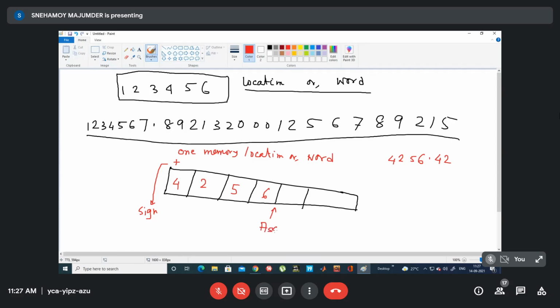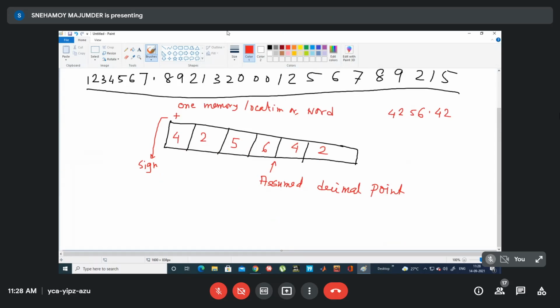This is an assumed decimal point, and then 4, 2. That is the presentation of storing this number in the location of this hypothetical computer. Now, if we follow that, what is the maximum number I can write here?